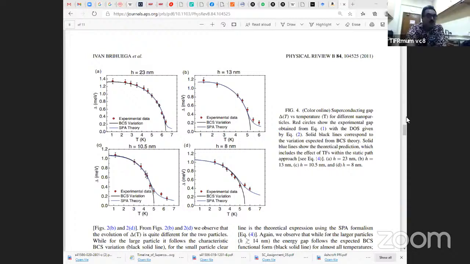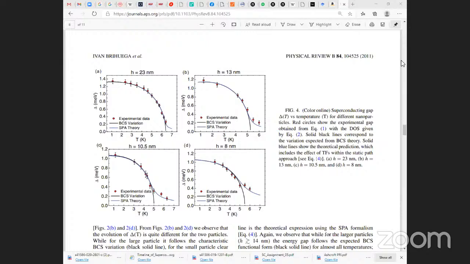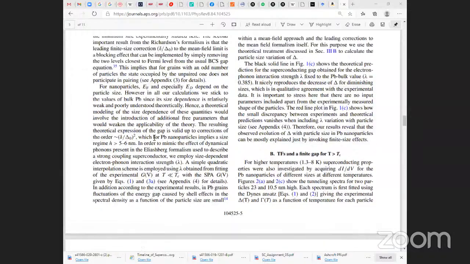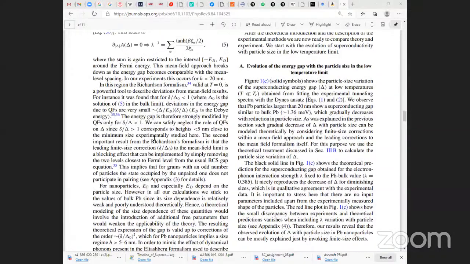Was that Rahul? Yes, sir. So for this dependence of the superconducting gap versus temperature, there is no expression. I just have to give the argument about why this is fluctuating, why this does not follow the proper BCS theory.